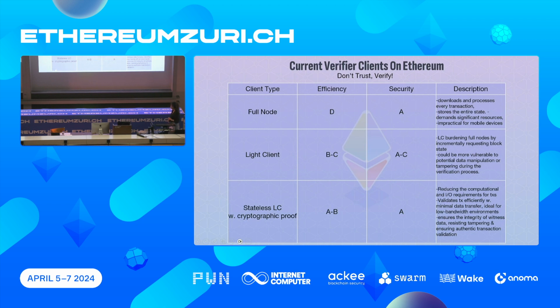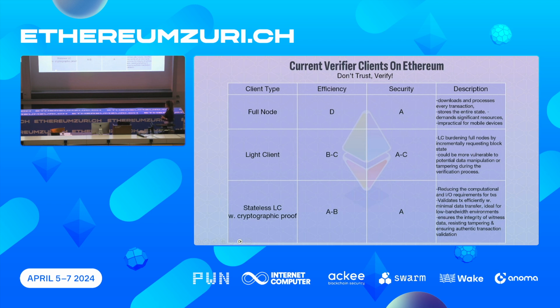At the end, we have stateless-like clients, which come after the era of Verkle tries. But this work, at least, is to show how that era would look. They are more efficient because they don't need the hash roots of the entire block headers. And of course, they are more secure due to the extra cryptographic proofs.